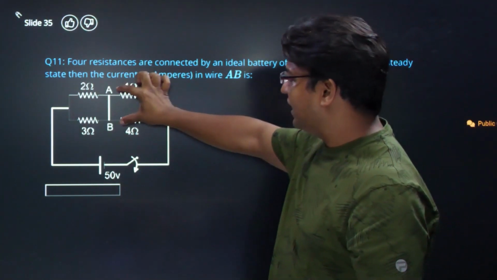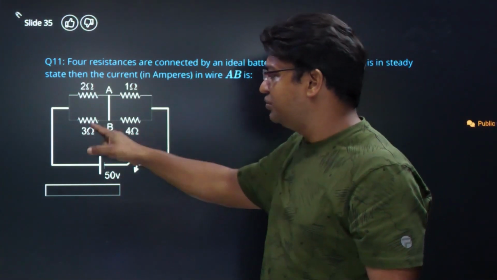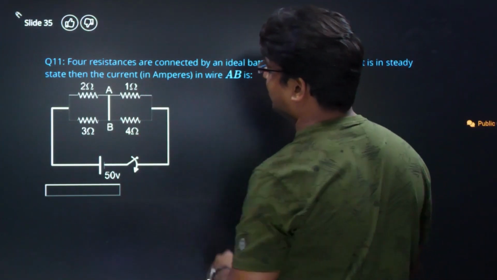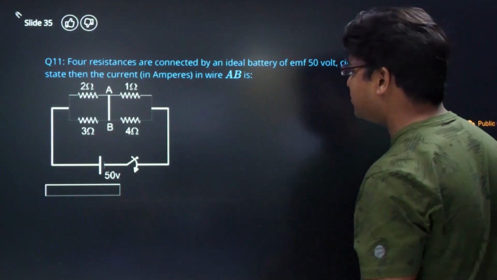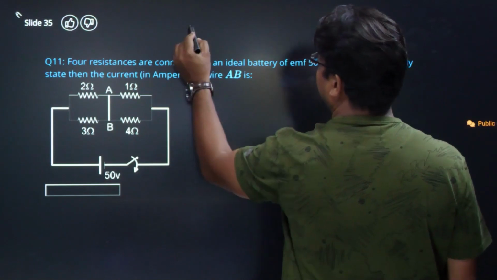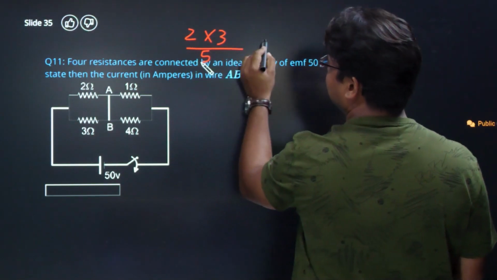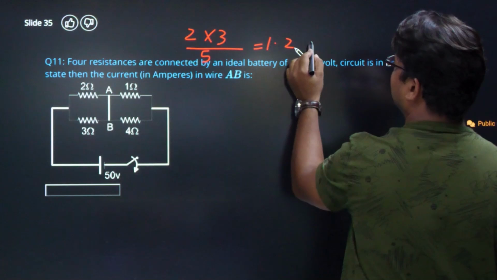Now because of this wire, this 2 and 3 are connected in parallel. And this 1 and 4 are also connected in parallel. So the equivalent of 2 and 3 will be 2 into 3 by 5, so that would be 1.2 ohm.